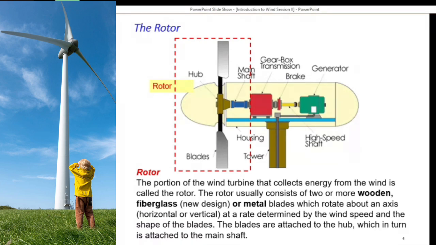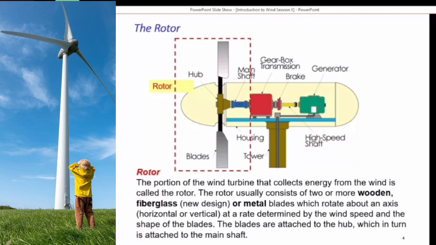Of course, if we talk about the rotor, it is the one that will capture wind, which means the blade is part of it. The rotor can be made of wood, fiberglass, or metal. And it might be horizontal or vertical, which determines the two types of wind turbine, determined by wind speed and the shape of the blade.